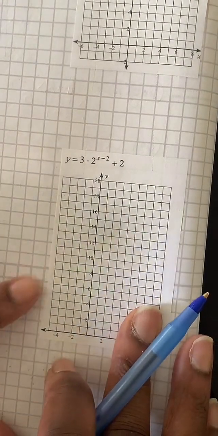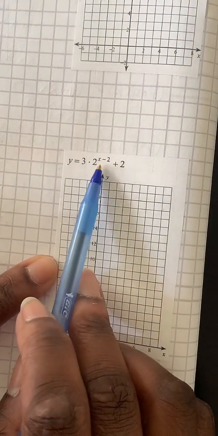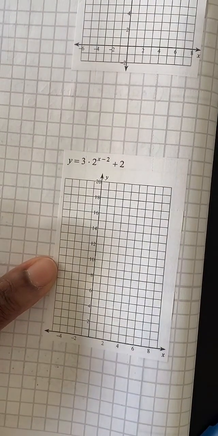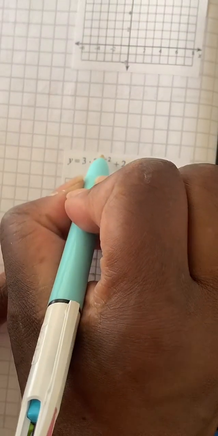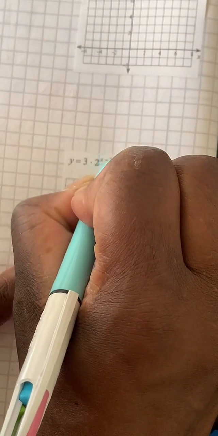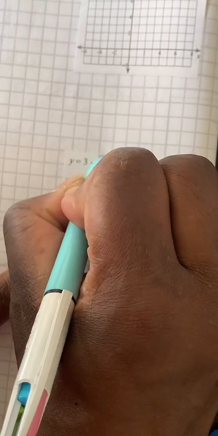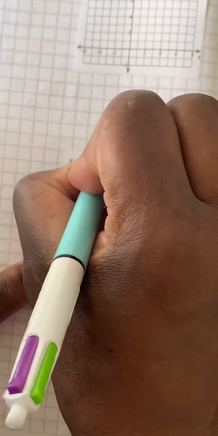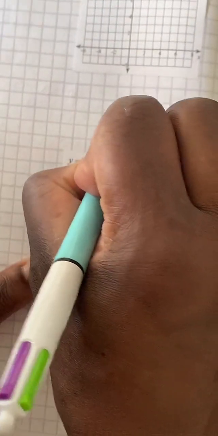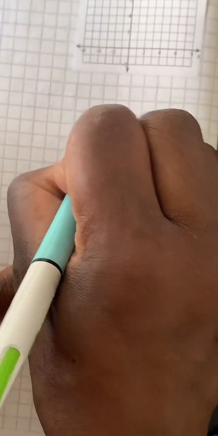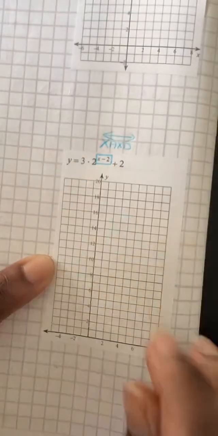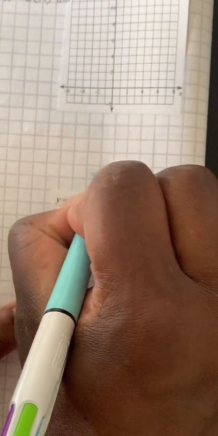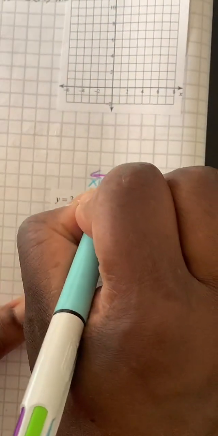Now, anything that's happening with the exponent, right here, that's dealing with your x-axis. Okay, so I'm going to write it up here. You're either moving left or right.